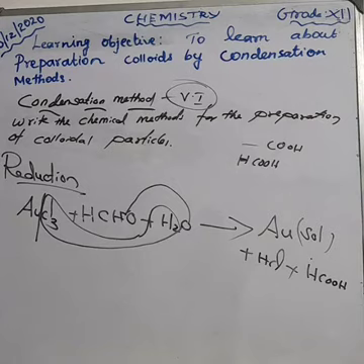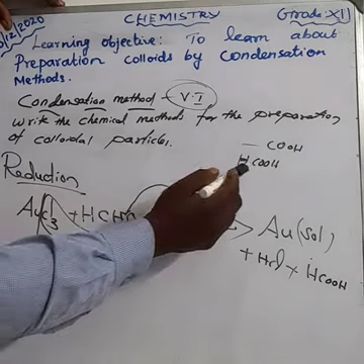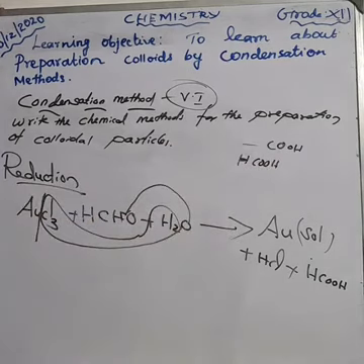And also previously I told you about how to say the IUPAC name of this compound. Can you say the IUPAC name of formic acid? First count the number of carbon. How many carbons are there? One.